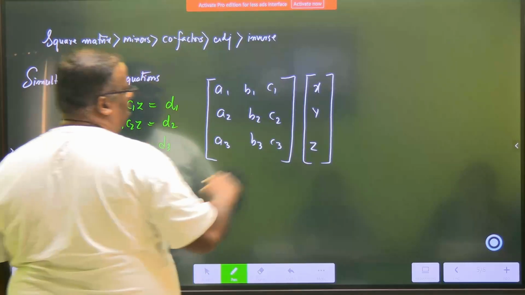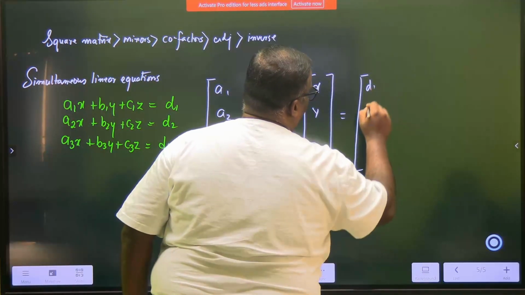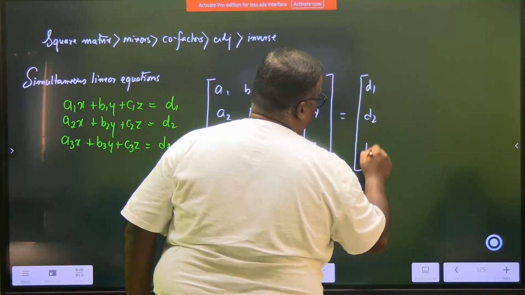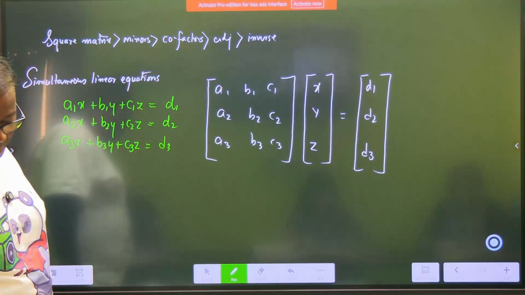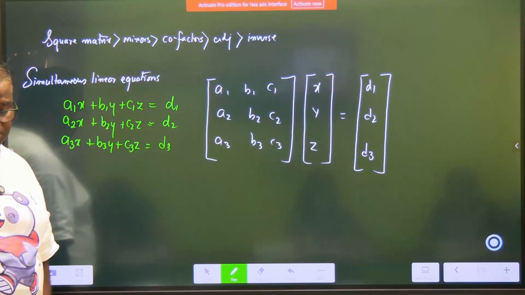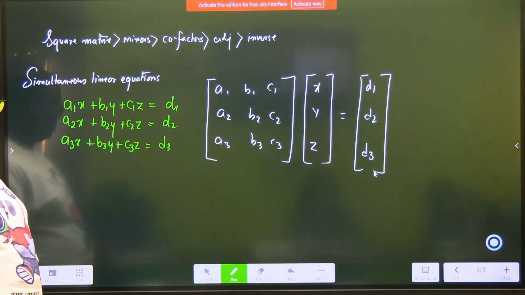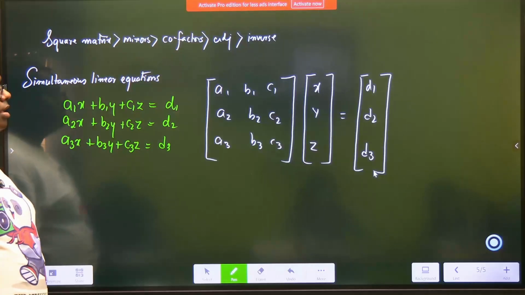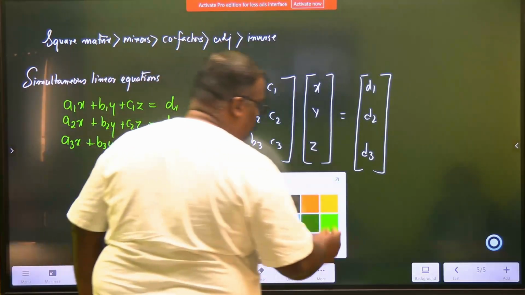Understood? And then on this side, you will get d1, d2, d3. This is the setup. The setup is represented like this in matrix order.